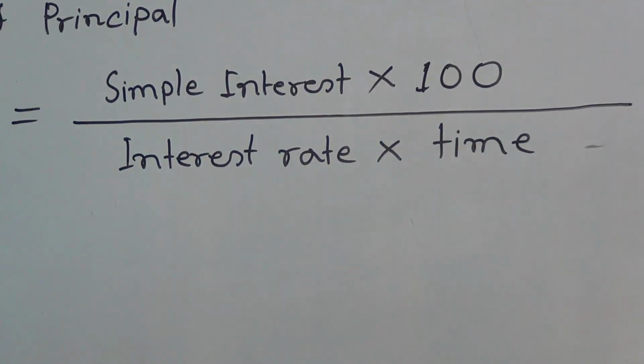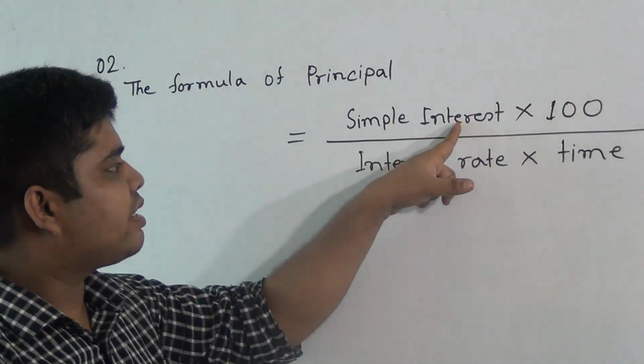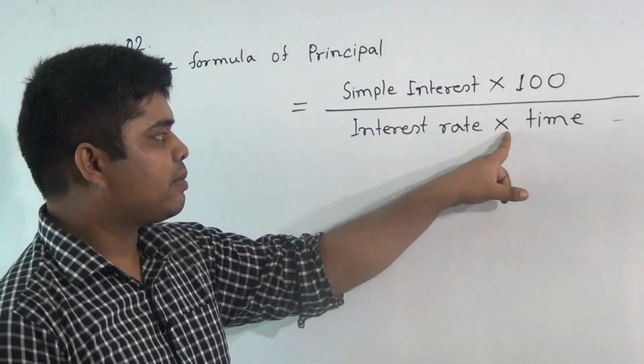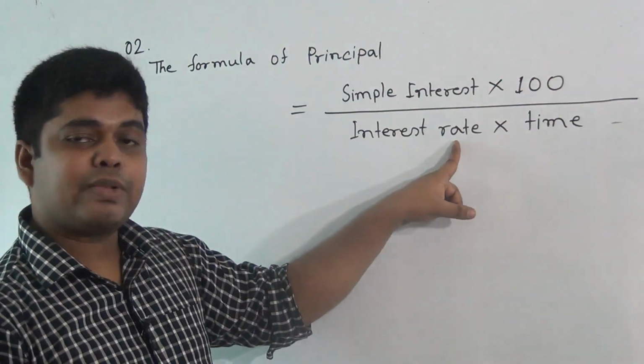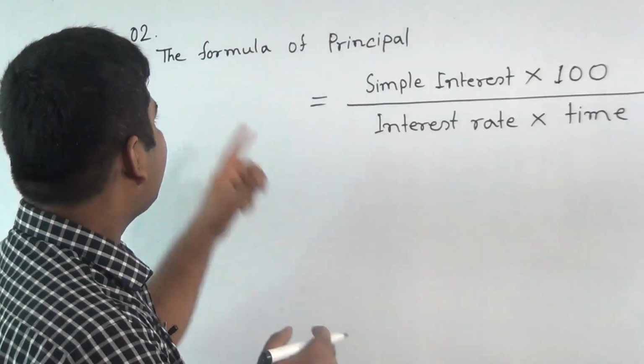I hope you have understood. My dear students, notice the formula of principal is simple interest multiplied by 100 divided by interest rate multiply time. Interest rate is measured in percentage. Okay, I hope you have understood question number A.